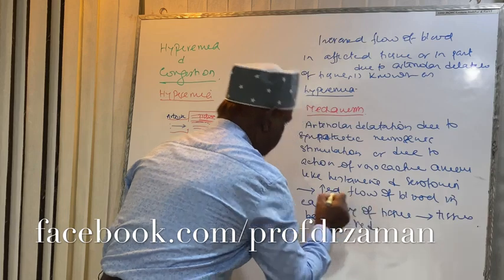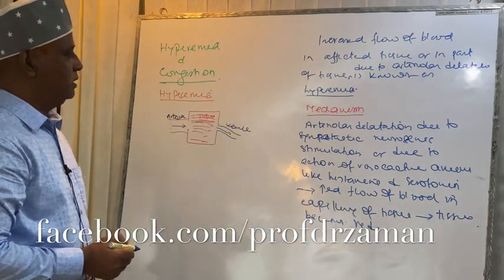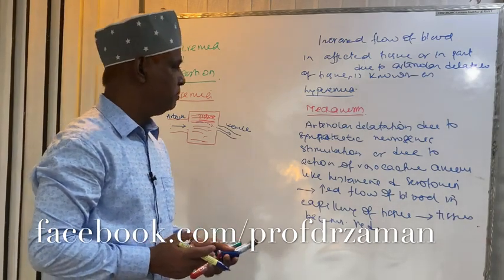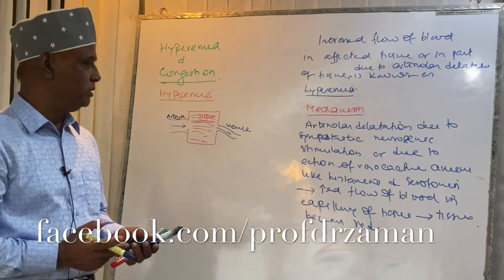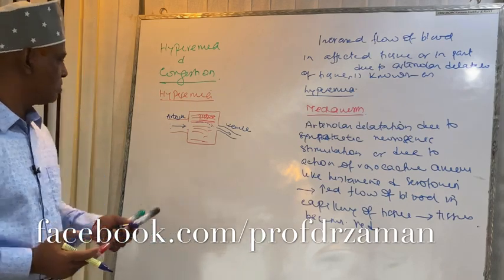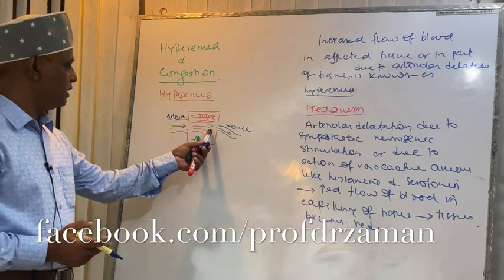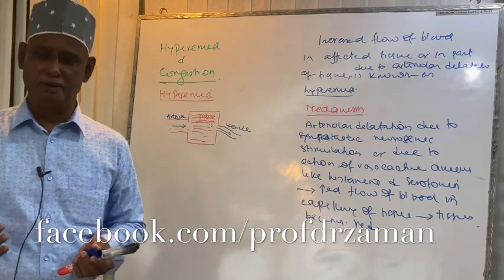This is the mechanism of hyperemia. First, there will be arteriolar dilatation due to sympathetic neurogenic stimulation or due to the action of vasoactive amines like histamine and serotonin on the arteriole. There will be dilatation and increased flow of blood in the capillaries in the tissue, and the tissue becomes red due to increased flow of blood.